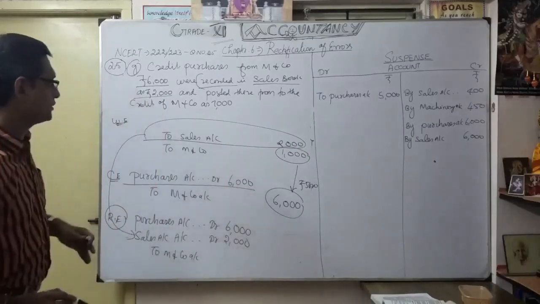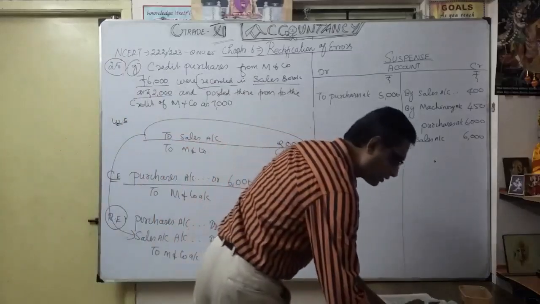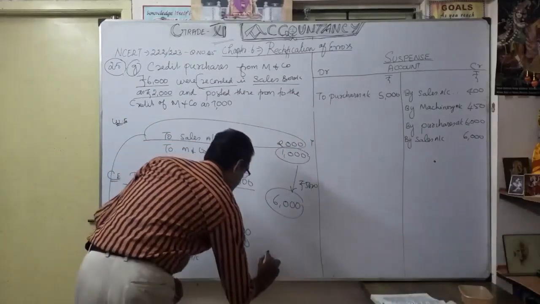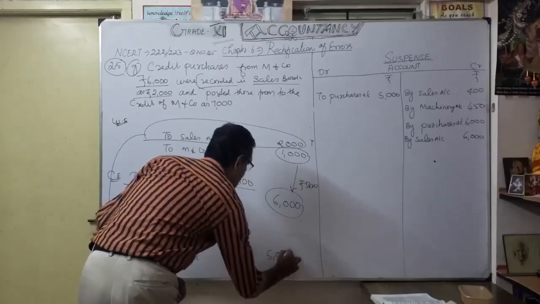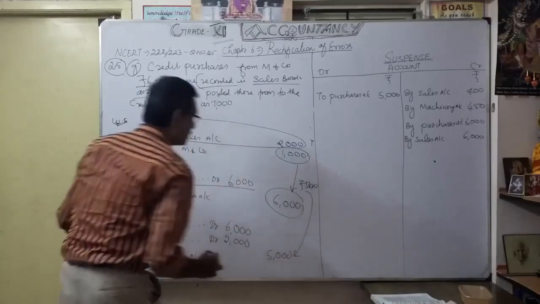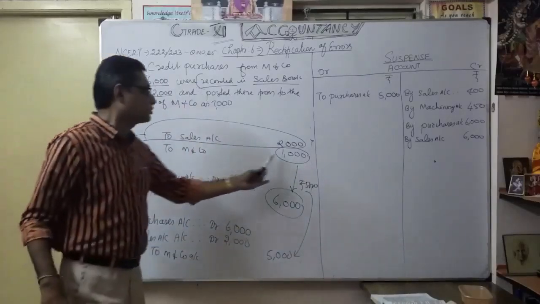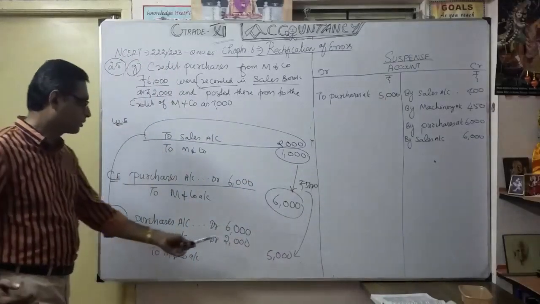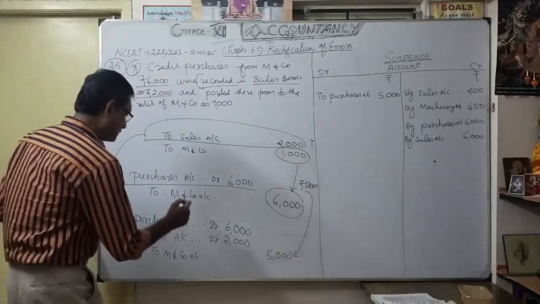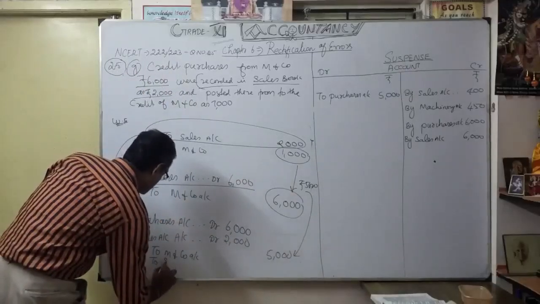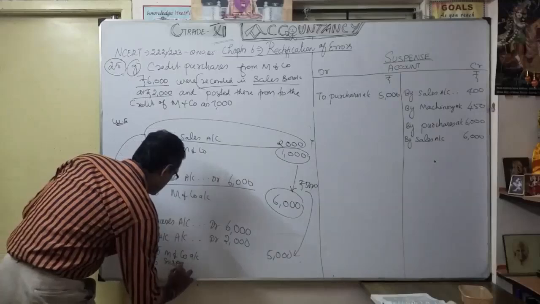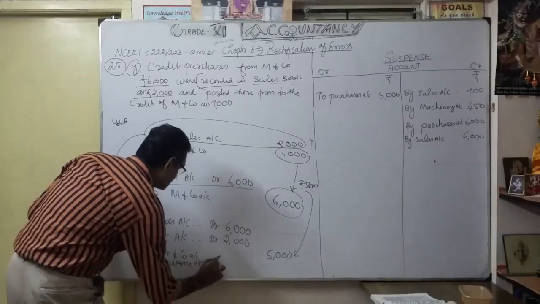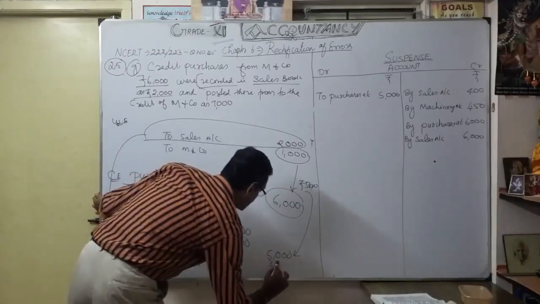So how much difference you are going to credit? Totally 5,000. Now correct. You want to account this because they credited only 1,000. So now I am going to credit a further 5,000, to M1 Co 5,000. Now let's see the difference. That's your suspense account. To suspense account, how much? Only 3,000.